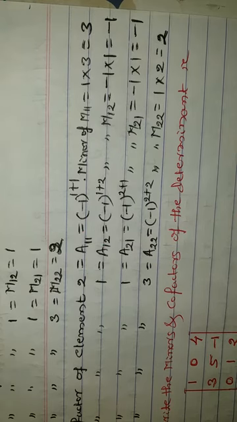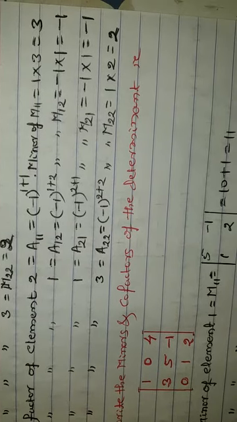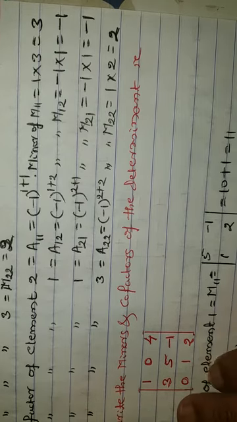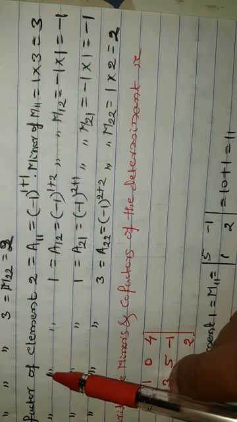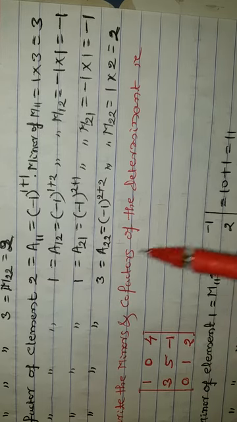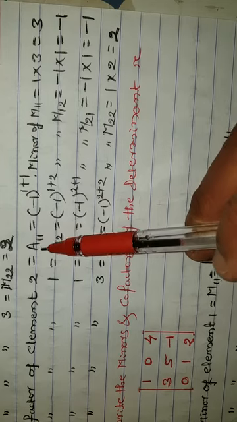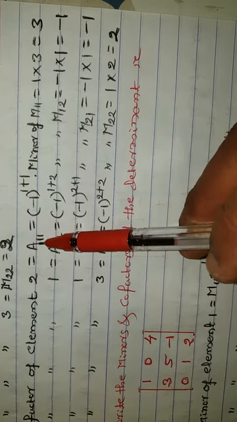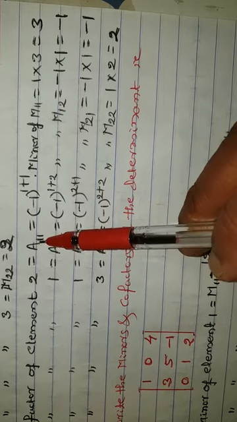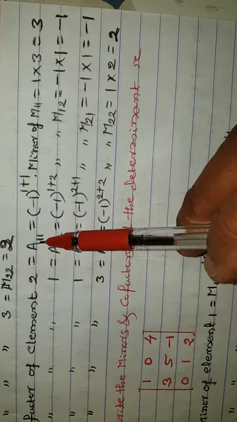But how can you find the cofactor of each element of the given matrix 2, 1, 1, 3? See, the cofactor of the element 2 is denoted by A11, because capital A11 represents the cofactor, while small a11 is the element in the first position of the determinant.